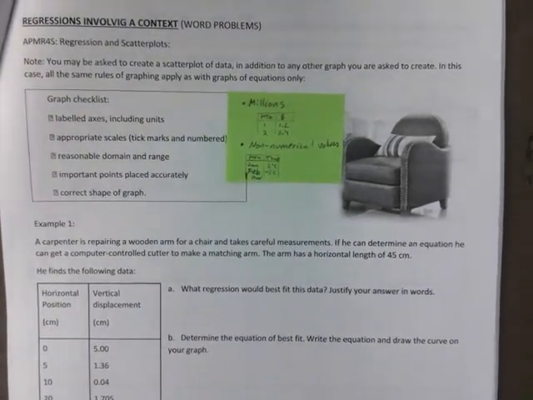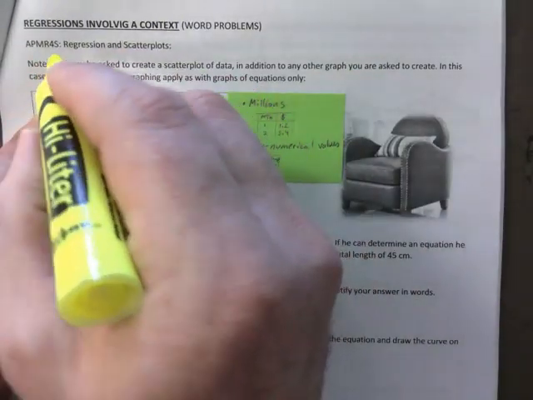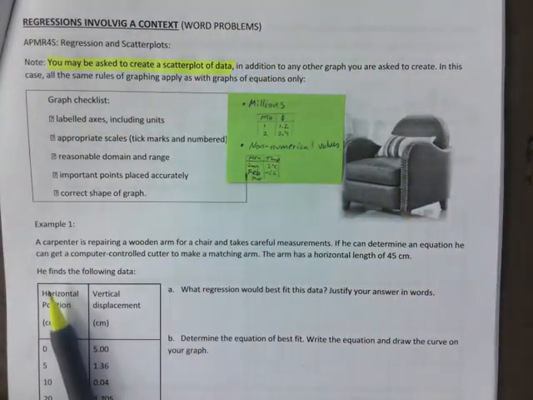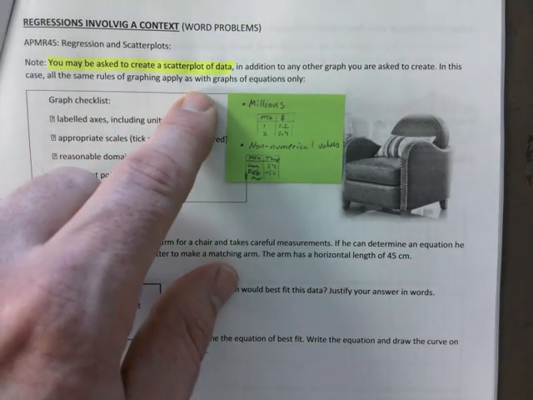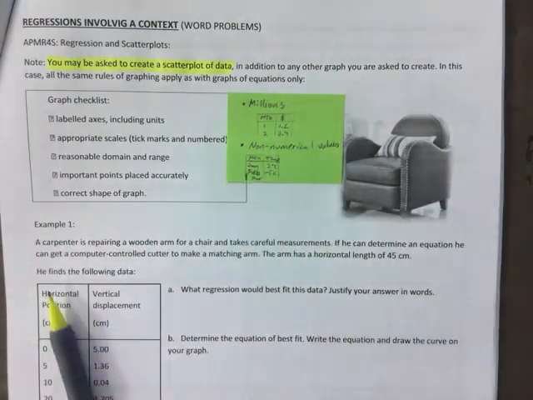So here it is, the first one. Note, you may be asked to create a scatter plot of your data in addition to any other graph you are asked to create. Same rules apply as before, as with equations only, okay?